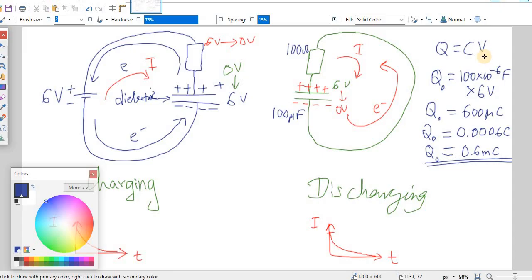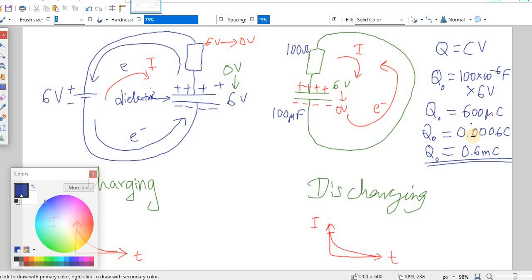Initially the potential difference across the capacitor is 6 volts. The capacitance is 100 microfarad, which is 100 into 10 to the power minus 6 farads. Then when we multiply this, we get 600 microcoulombs. So this is the initial charge. When the time is 0, when it begins to discharge, this is the maximum charge it has.